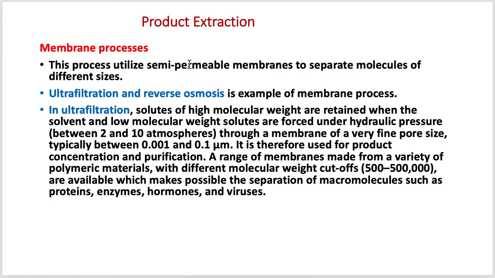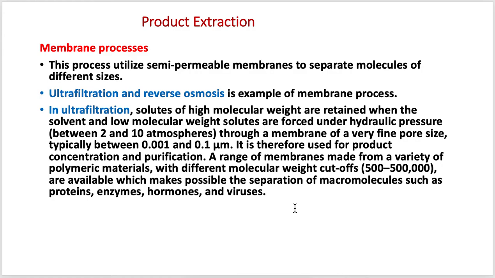In ultrafiltration, solutes of high molecular weight are retained when the solvent and low molecular weight solutes are forced under hydraulic pressure through a membrane of a very fine pore size, typically between 0.001 and 0.1 micrometer. These are very small pores. It is therefore used for product concentration and purification.